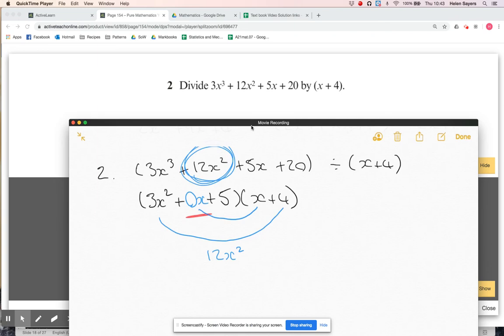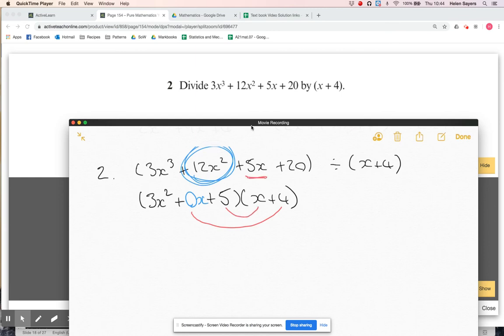Now let's have a think about whether that works when I'm looking at the x term. If I were to expand out these brackets, my x term would be this x term times 4, and then 5 times x. That's what would give me my x term.